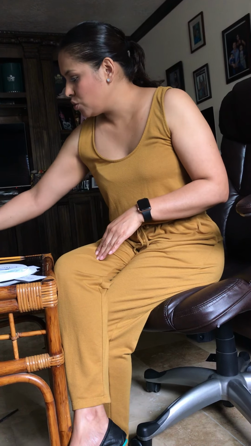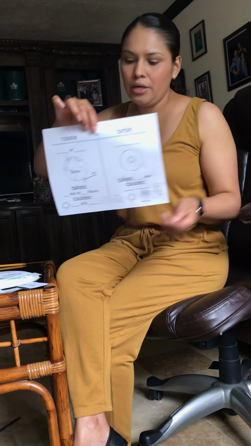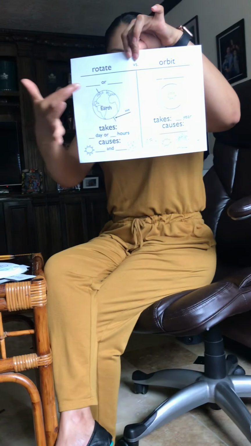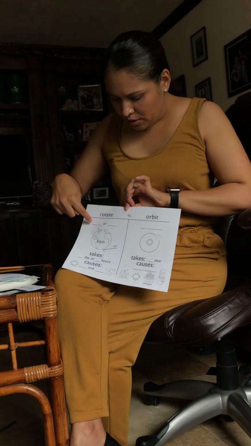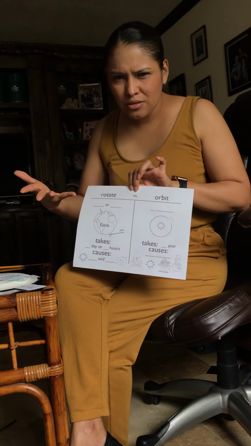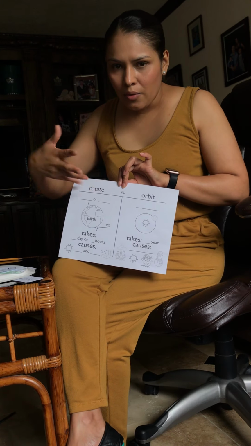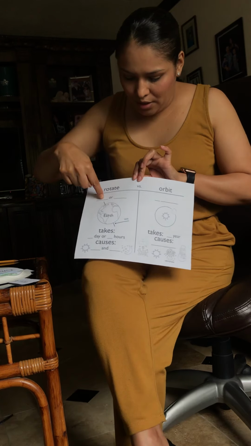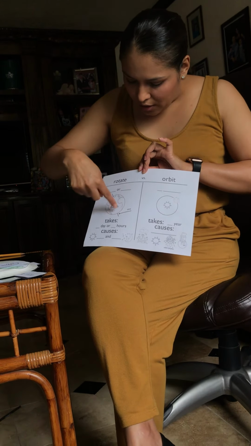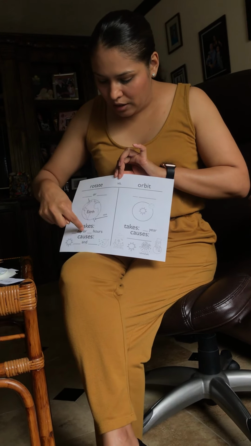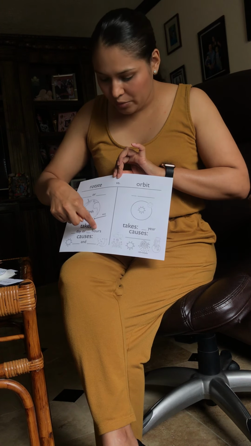Now that we see all this, we are going to see a little bit of what we did. In here, I have this worksheet, rotate versus orbit. What does the earth do? What is it called? A spin or rotate. It takes 1 day or 24 hours.